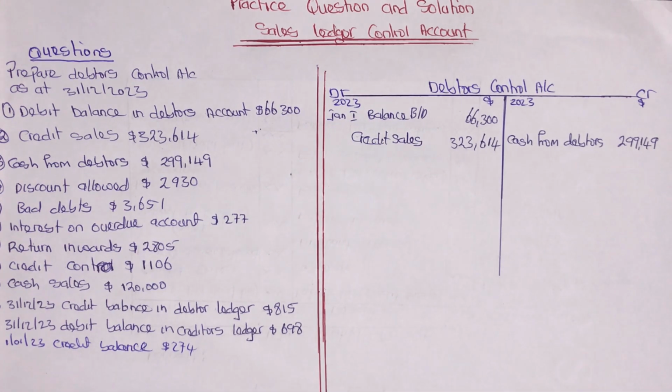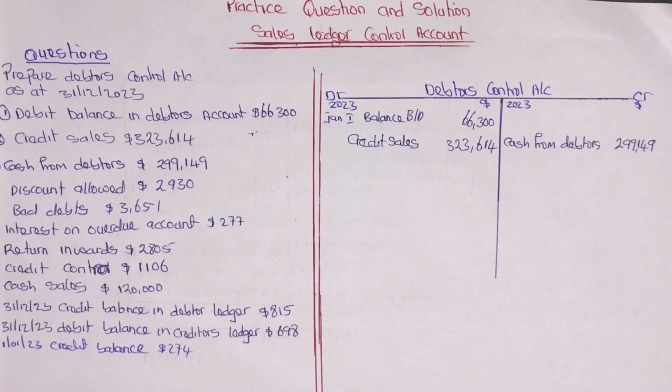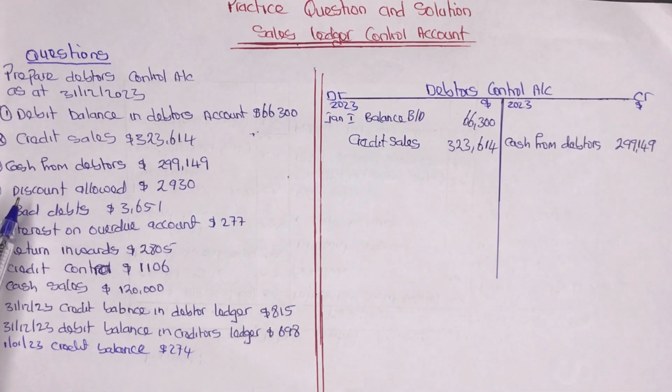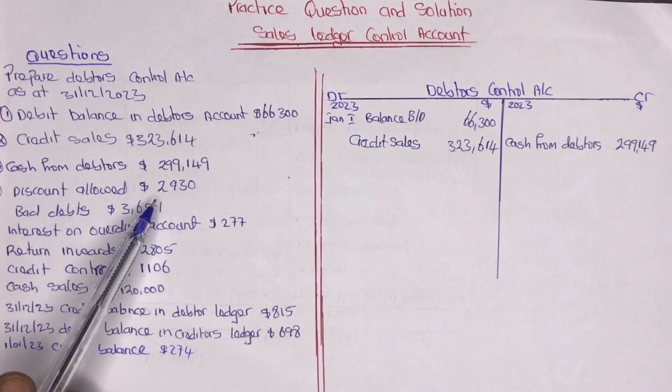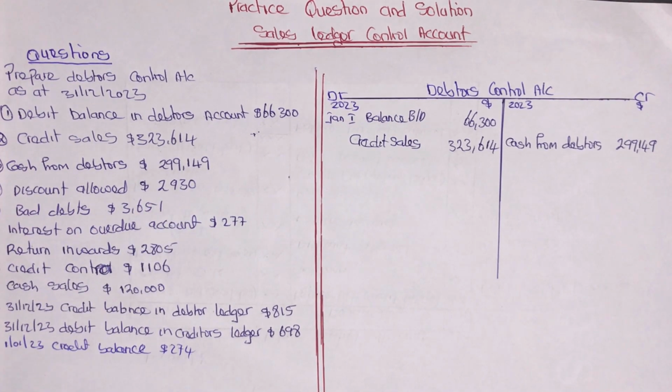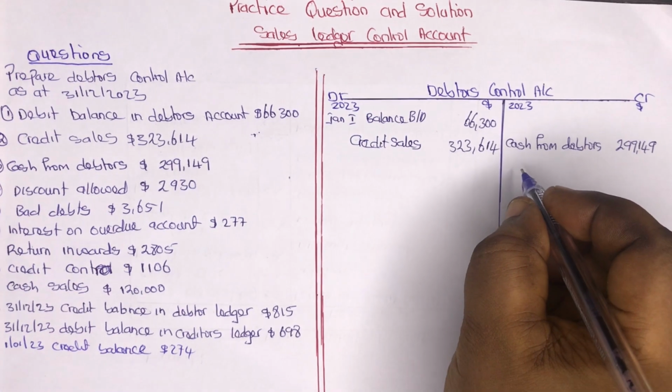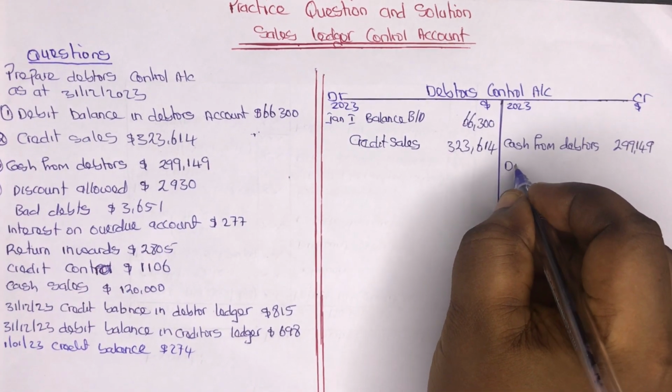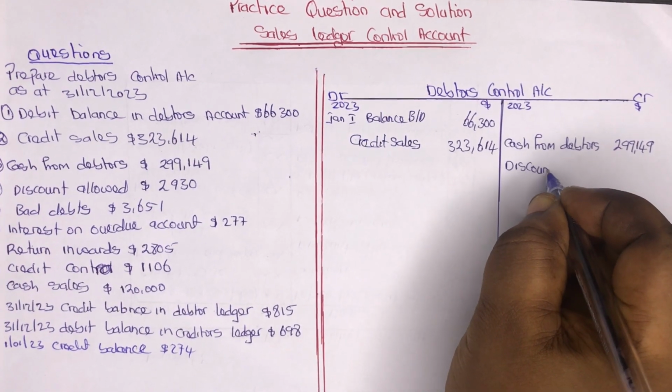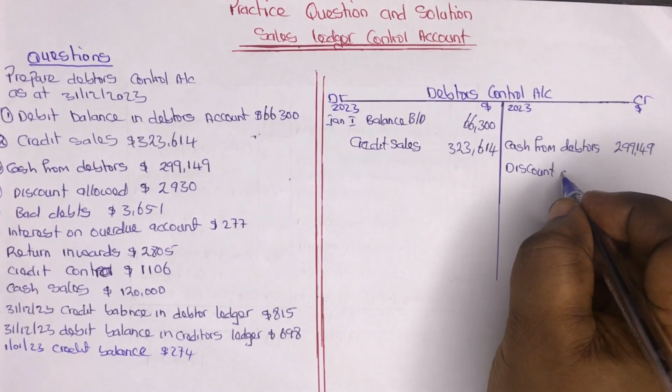The next item says discount allowed of 2,930. Discount allowed goes to the credit side. We have explained all those before.